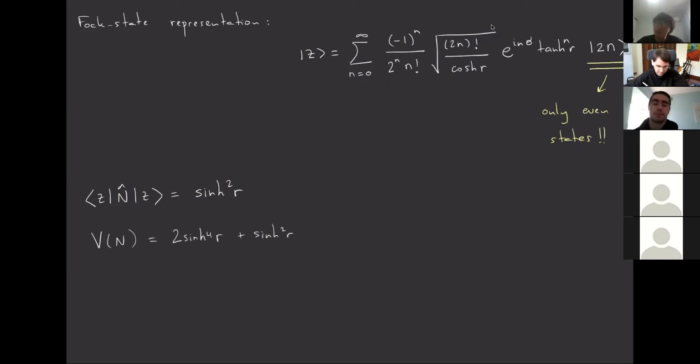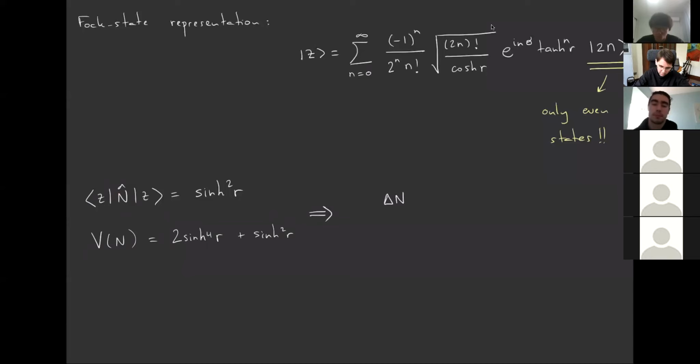Again, you can take the limit, and when you put r equals 0, all this becomes 0. So the variance of n is 0, and that's precisely what happens in the vacuum state, because the vacuum state is an eigenstate of the number operator.